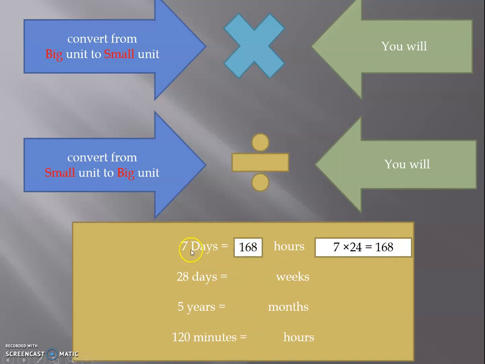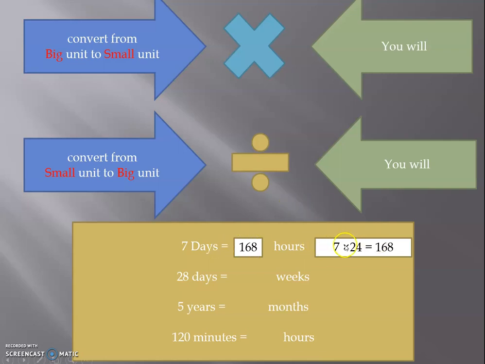Or in another way: 7 days, how many hours? Day number 1, 24 hours. Day number 2, 24 hours. Day number 3, 24 hours. Day number 4, 24 hours. Day number 5. So I keep repeating which number? 24. And I will repeat it for 7 days. So 7 times 24 equals 168.